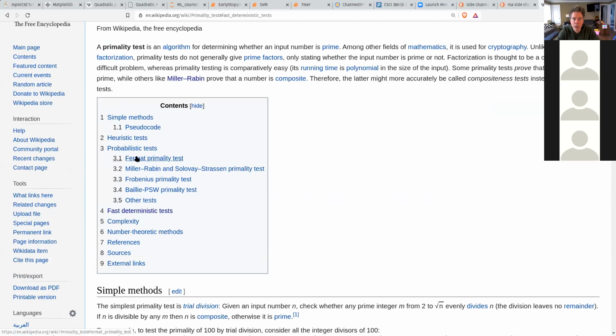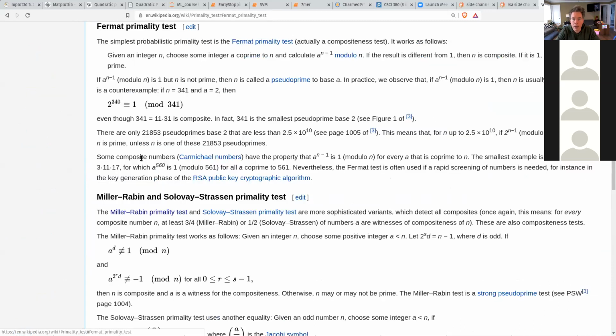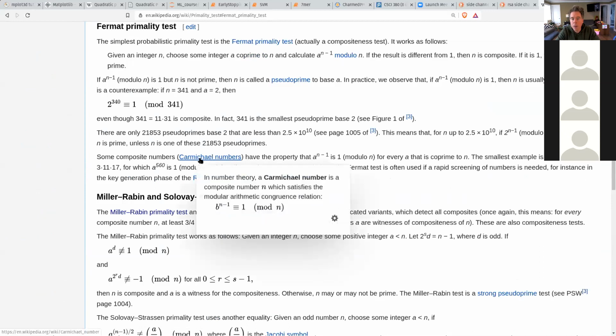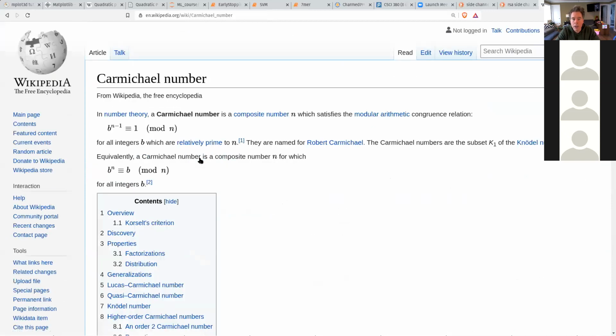The one that I just explained, checking whether Fermat's little theorem holds, is called Fermat's primality test. But the problem with Fermat's primality test is that there are these numbers called Carmichael numbers. They're not common, but they exist.